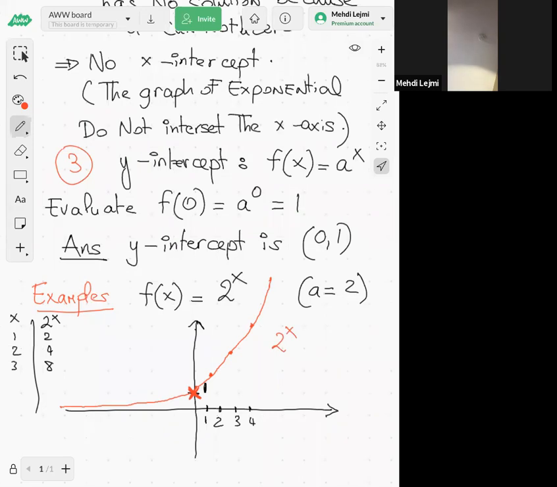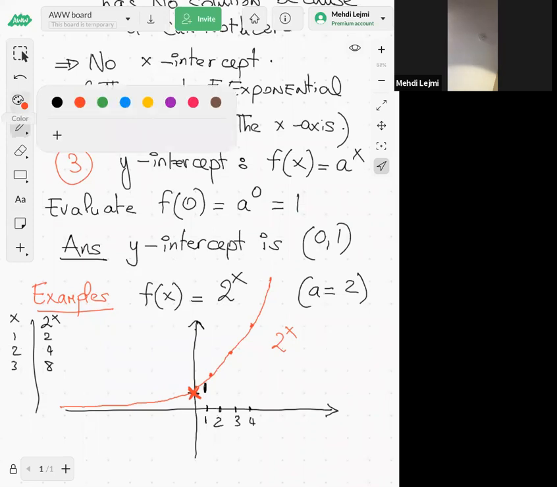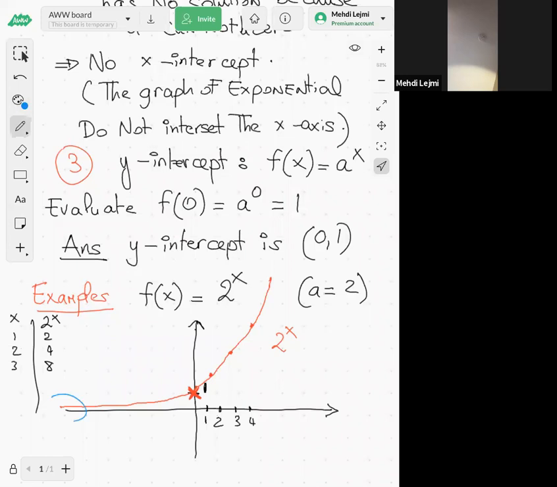And again, as I said, your graph doesn't intersect the x-axis. So here, you see, guys, there is no intersection. Your graph doesn't cross the x-axis. So you see here, the x-axis would be like a horizontal asymptote for this exponential function.